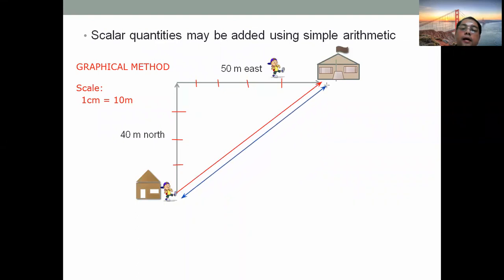How many centimeters will you draw here? Perhaps if you try to use your ruler, you'll get something like 6.4 centimeters. Okay, 6.4 centimeters. Since your scale is 10 meters for every 1 centimeter, then you can multiply the two and get the actual or the resultant displacement.